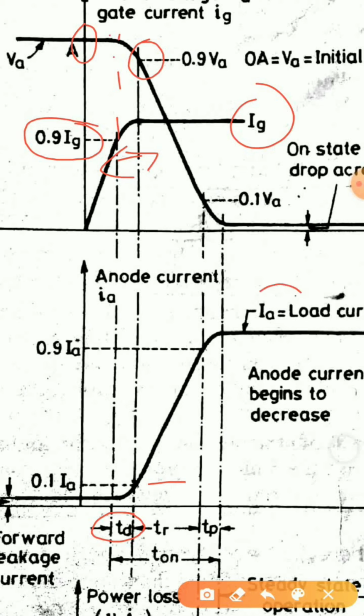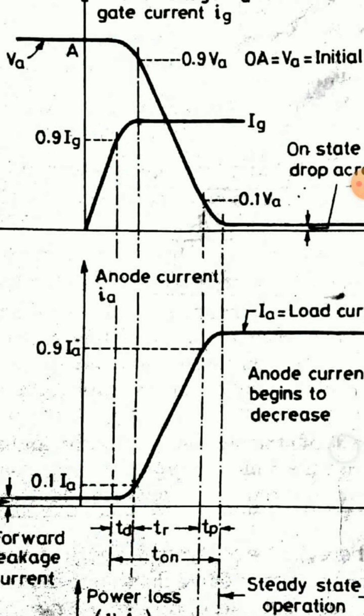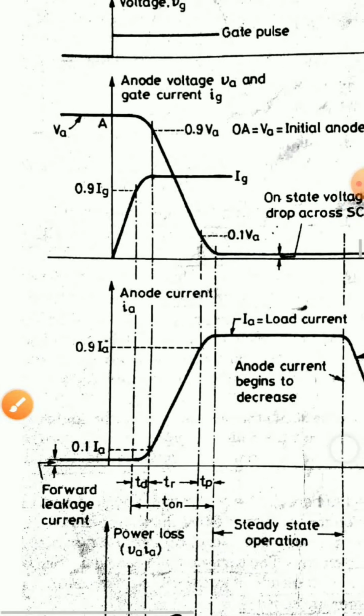This is the final value of my anode current. I'm not talking about the final value. 10% of the anode current's value from forward leakage current. This is my forward leakage current. From forward leakage current to 10%, the duration required to reach this value is called my delay time. Now in delay time, the anode current will start flowing in a narrow region.